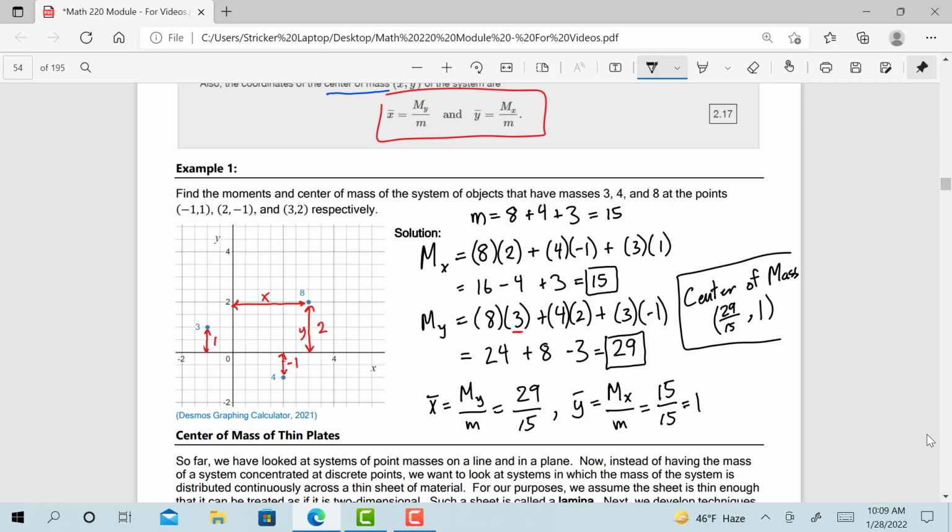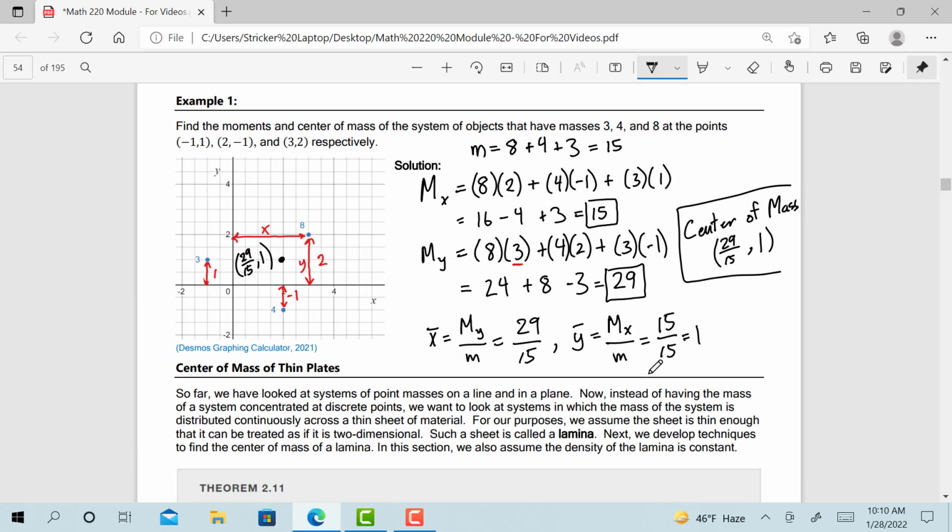So 29/15, comma 1. 29/15 is almost at 2, so that center of mass is going to be right about here. That's the point where all of those three masses would balance out and there would be no tipping.